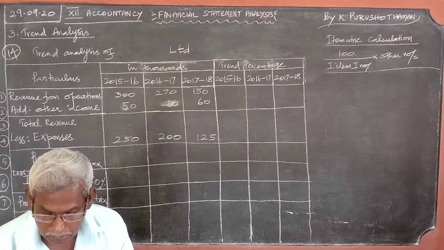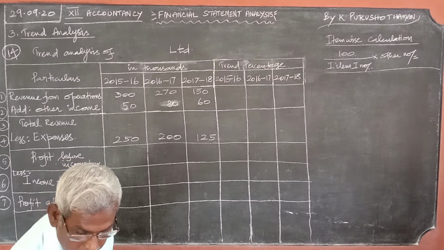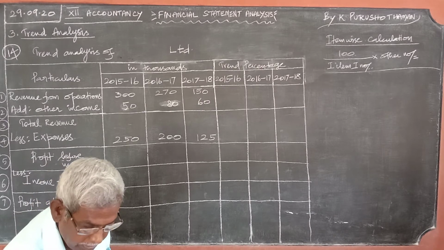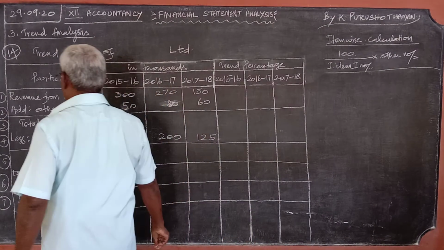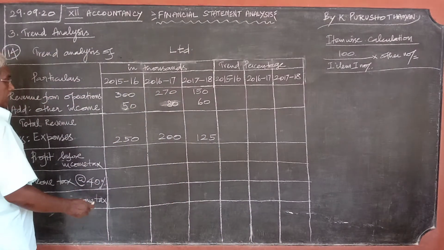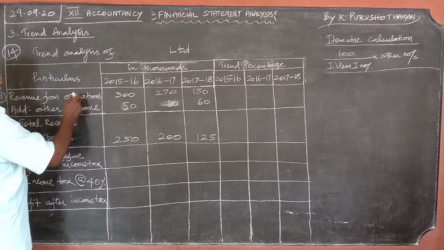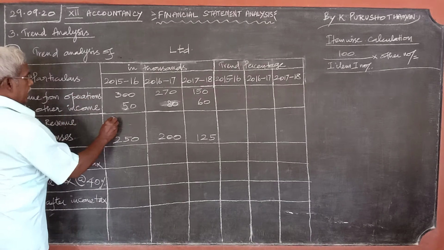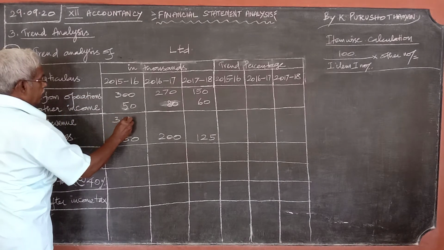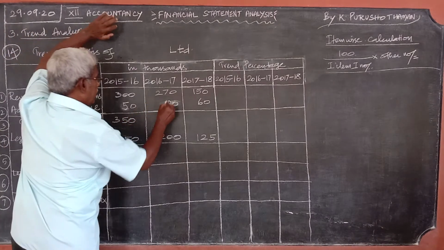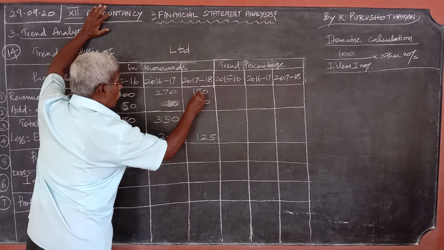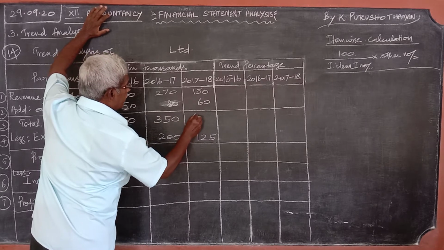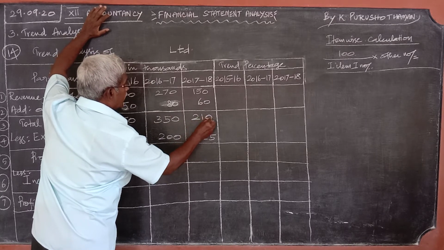We shall see now what the percentages are. Before finding the percentages, we should fill up some data. Total revenue: 300 plus 50, 350. 270 plus 80, 350. 150 plus 60, 210.